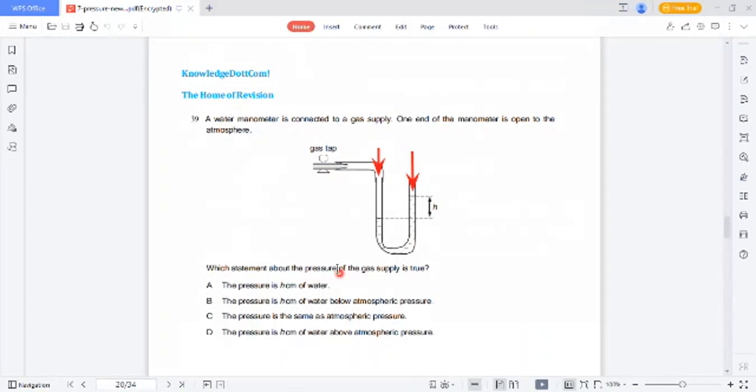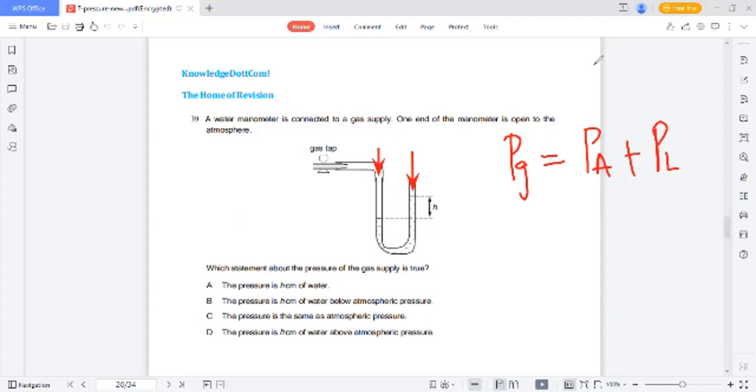Which statement about the pressure of the gas supply is true? We have just solved a similar kind of problem in which gas pressure is the sum of atmospheric pressure and liquid pressure.